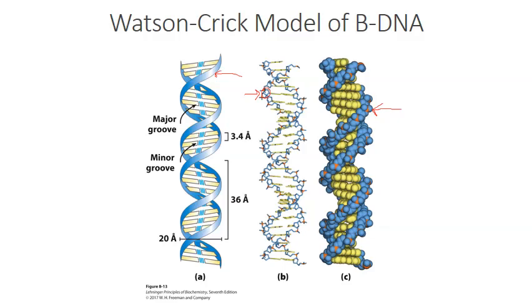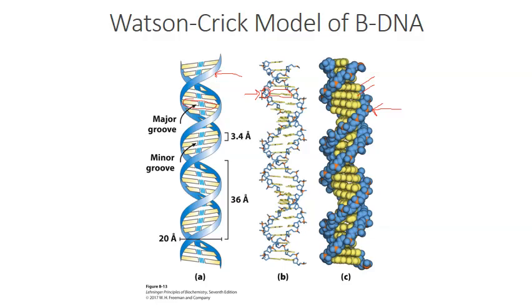On the inside, we have represented the base pairing in the middle. And you can see from this picture how the structure of the nitrogenous bases is in that planar flat structure. And then here, in the space filling model, you can see the bases on top of each other.